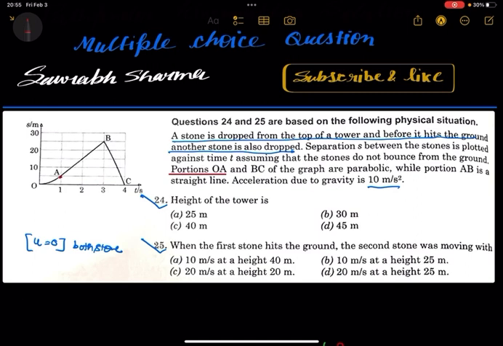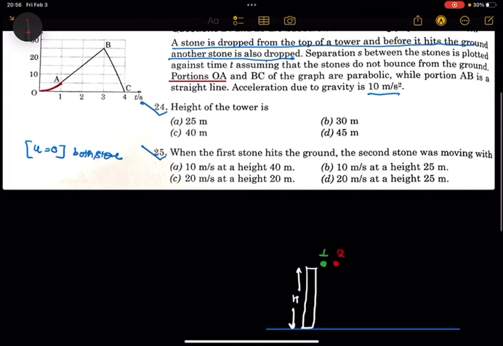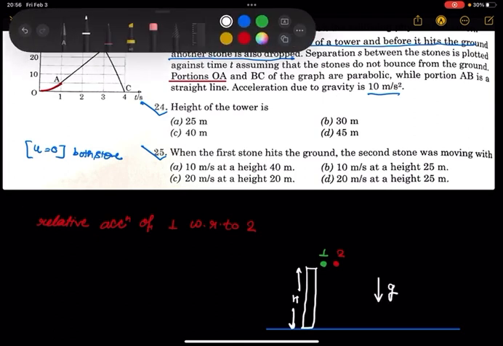It is stone 2. So in this question it is given the path OA is parabolic. So before going to this path, I will tell you, if you see the relative acceleration of 1 with respect to 2, both experience acceleration g downward.